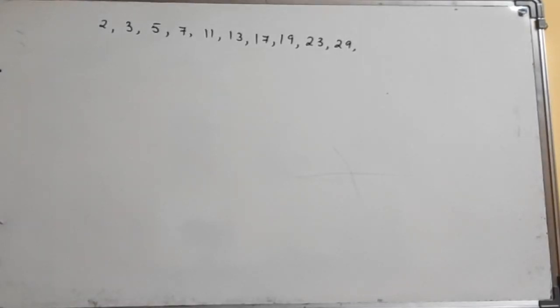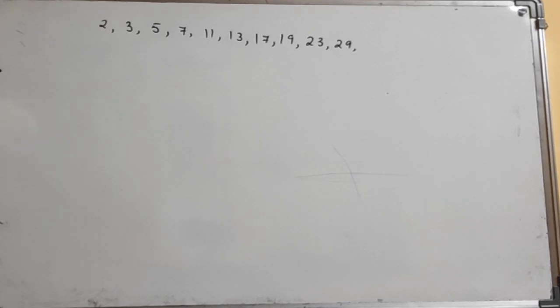These are the prime numbers which you have between 2 and 100. So these are some of the prime numbers. You have more of them. Now we are going to look for some other qualities of these prime numbers.